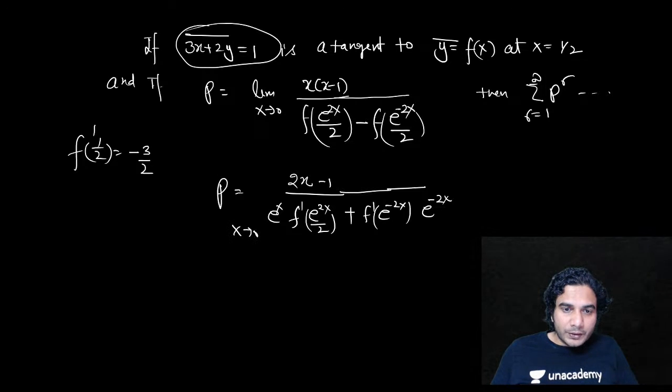Now x is approaching 0, so now it is not 0 by 0 form.